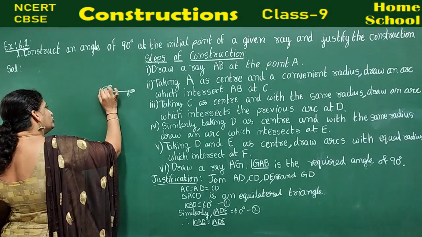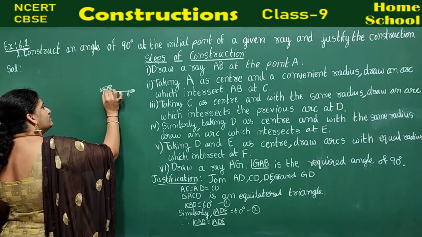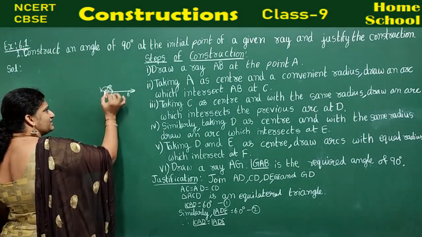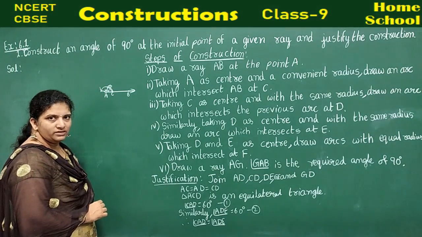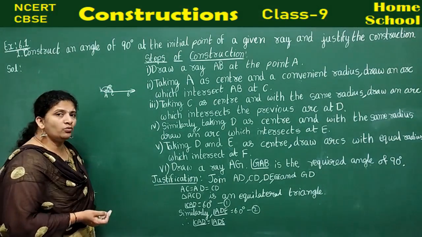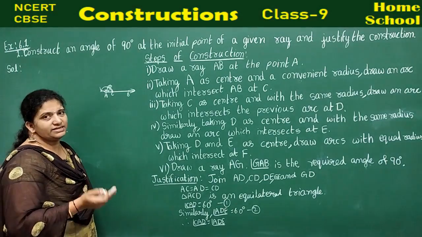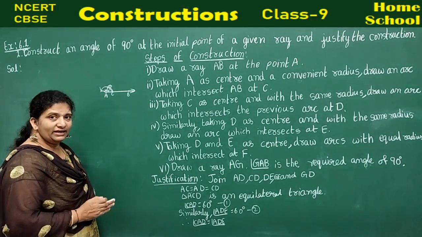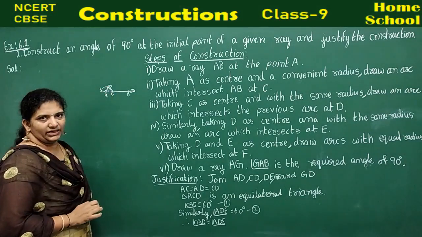If you join this intersecting point to A, then this angle will be 60. 60 plus 60 will be 120. Yes? Now, I don't want 120 degrees. I need 90 degrees. Where is 90 degrees lying? 90 degrees is lying in between 60 and 120.